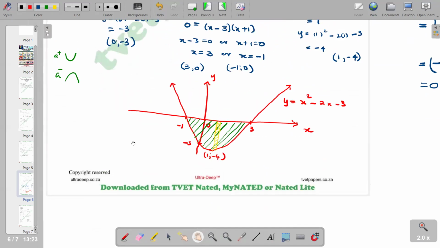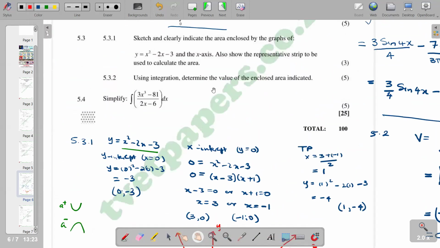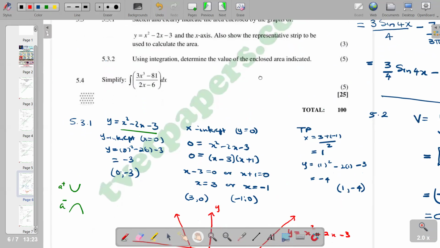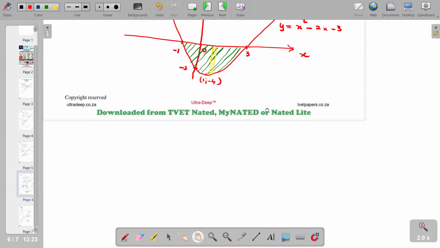Then the next question after that, 5.3.2, was saying use integration. Using integration, determine the value of the enclosed area indicated. So it means to get the area enclosed there, we are going to get the integral of y dx.